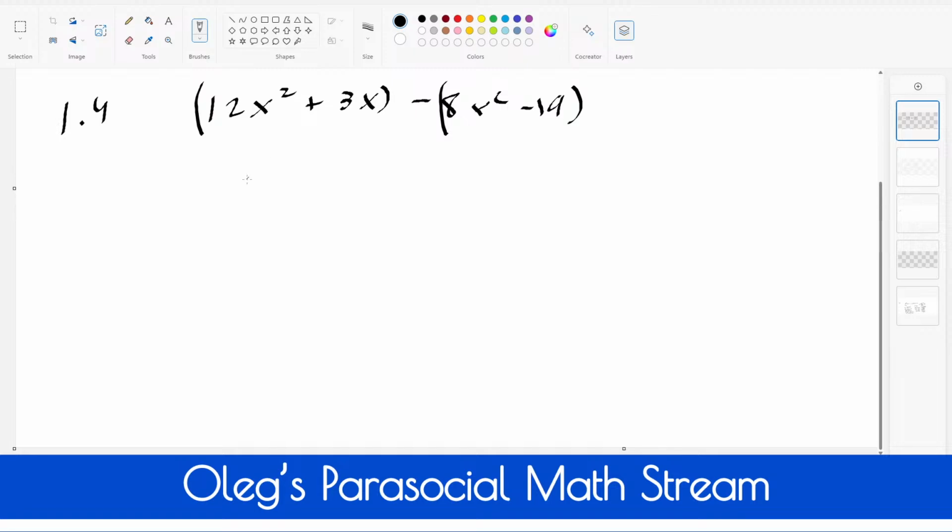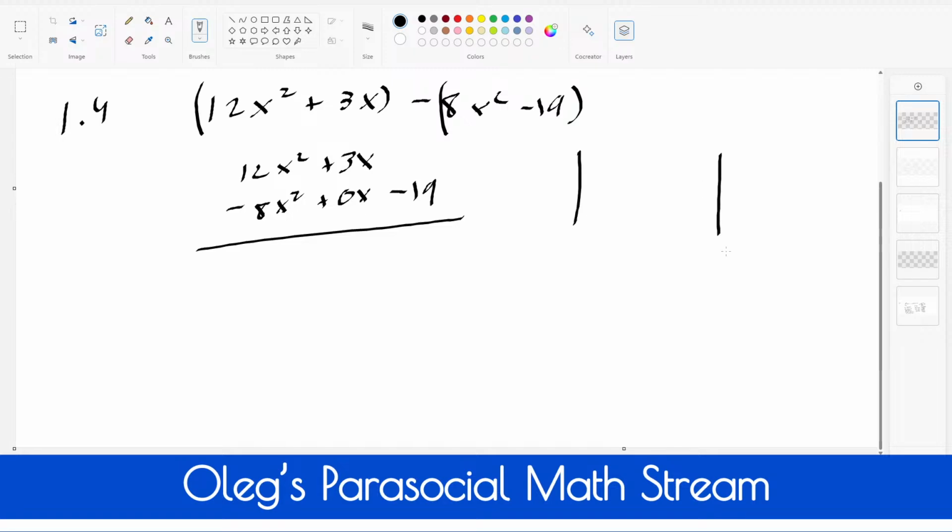So this is going to be 12x squared plus 3x minus 8x squared plus 0x minus 19. The 0x, I could have left an empty spot there, but from linear algebra, that's one of the things you can do. You drop that in there. And also, when you do linear algebra, it would be something like this.